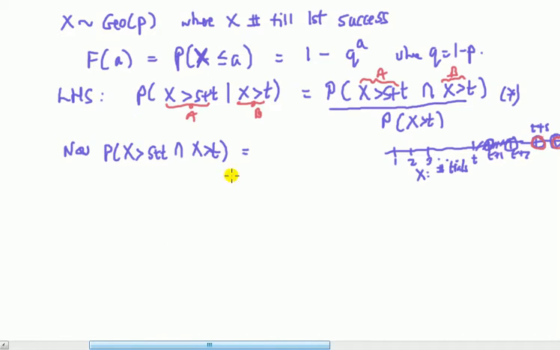In other words, what we've got here is the probability x is bigger than s plus t. That's the case when both statements are true, that x is bigger than t and x is bigger than s plus t. Remember that s and t are non-negative, so s plus t is bigger than t, but x has got to be bigger than this, and it's got to be bigger than that number.